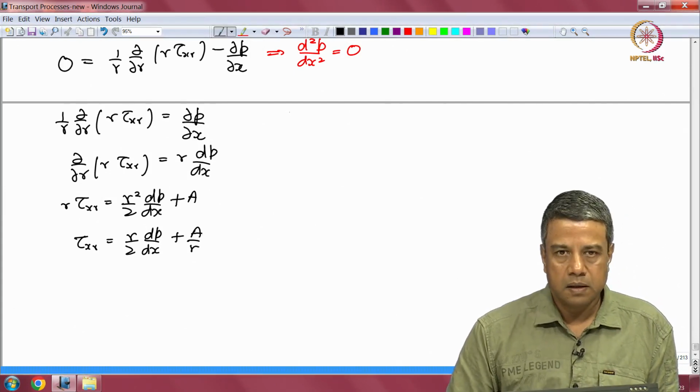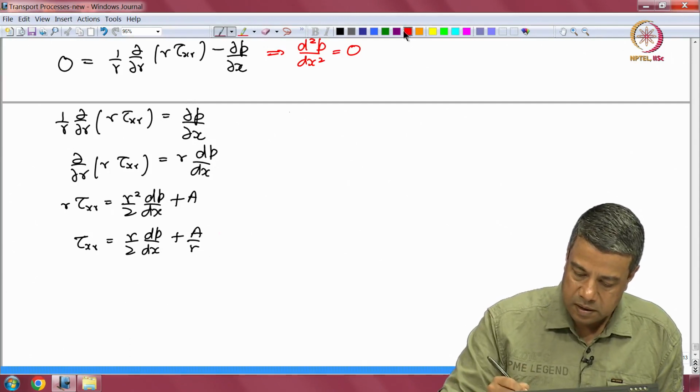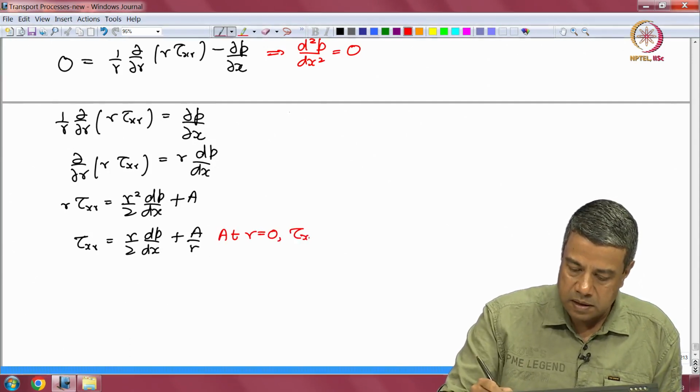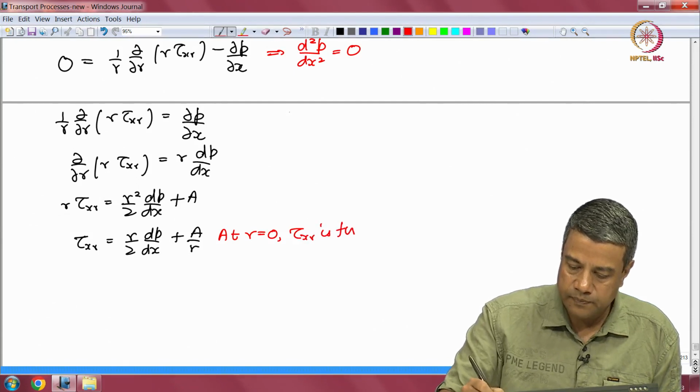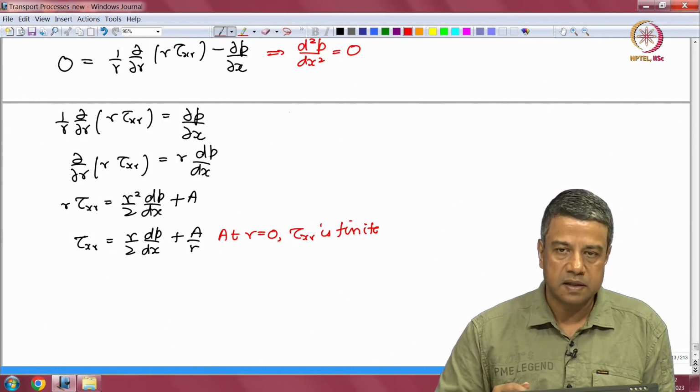The constant a can be determined from the condition that at r is equal to 0, tau x r is finite. The shear stress cannot increase indefinitely as r goes to 0.